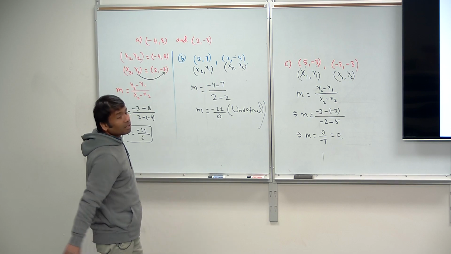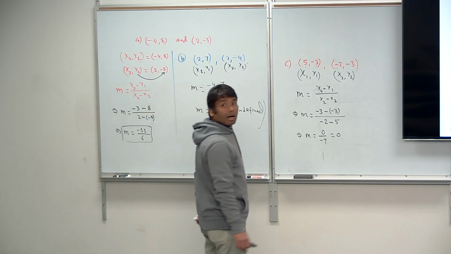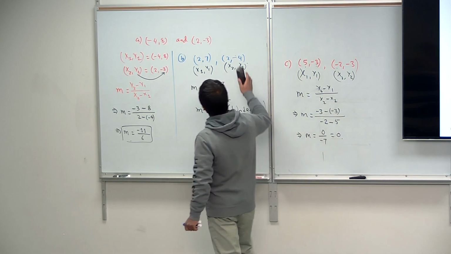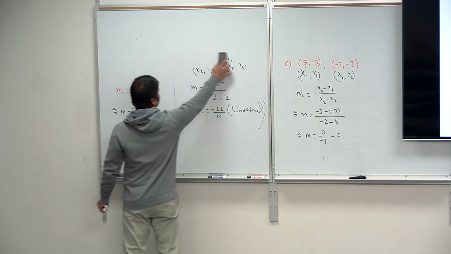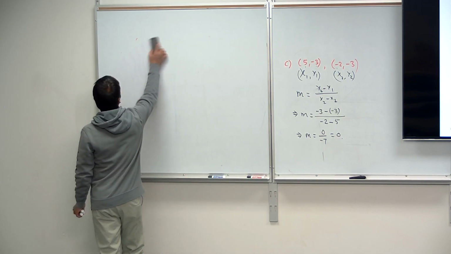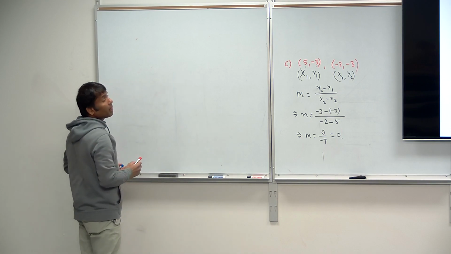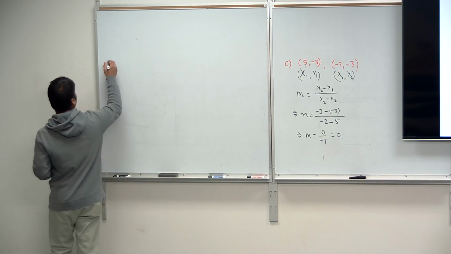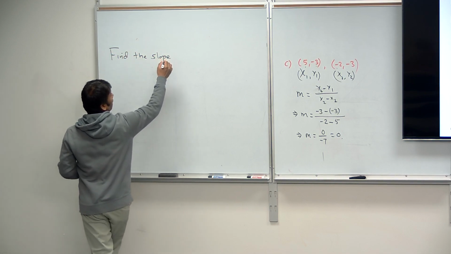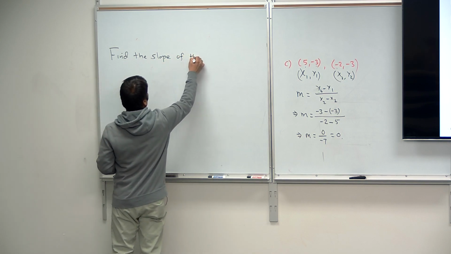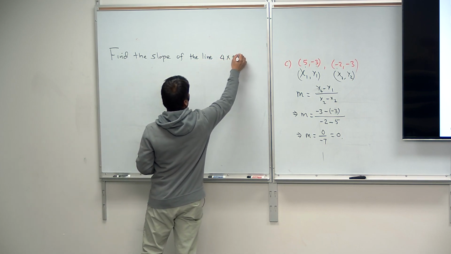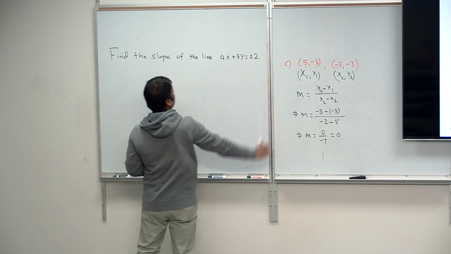Now, how do you find the slope of this line, guys? Find the slope of the line 4x plus 3y equal to 12.